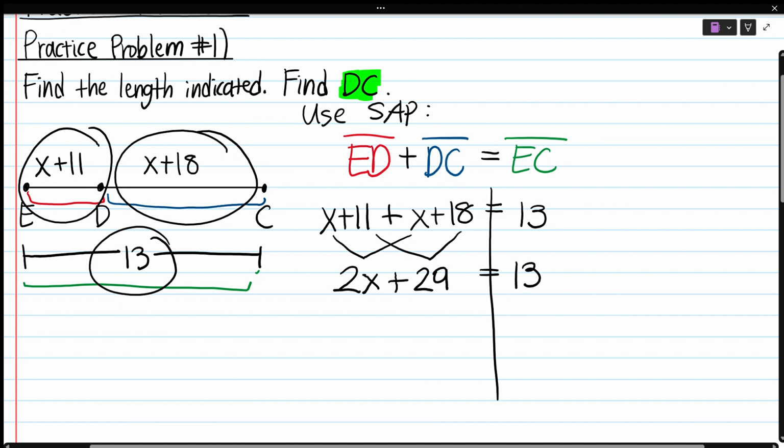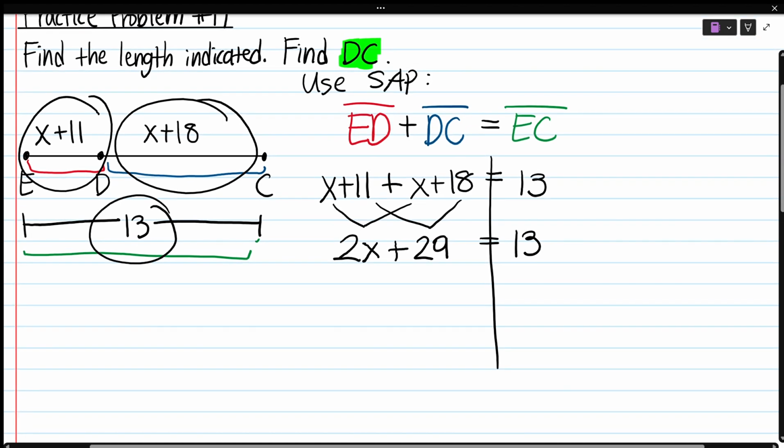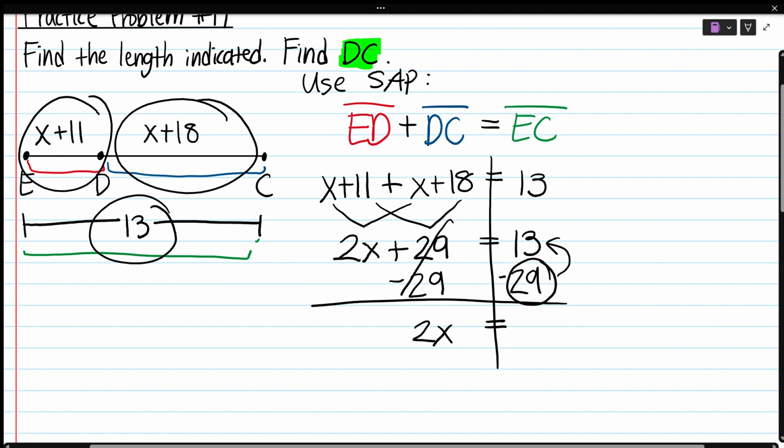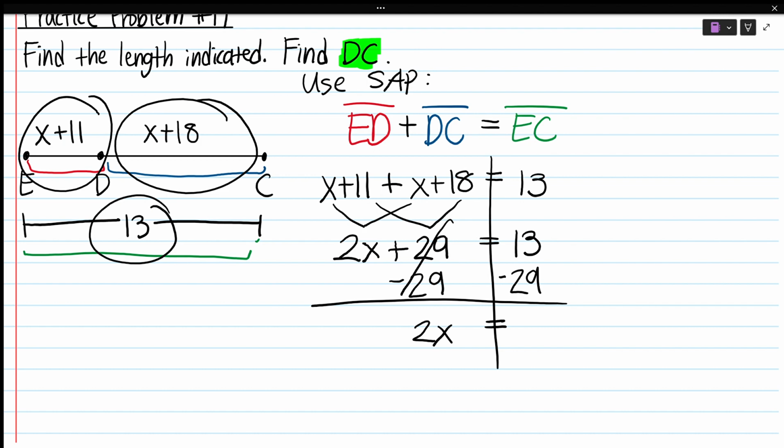Bring everything else down. And now we're just trying to isolate the x. We need to get x by itself. So we're trying to get rid of this 29. It's plus 29 at the moment. So we're going to subtract 29 on both sides. 2x comes down. You're going to get a negative number here. 29 is much bigger than 13.